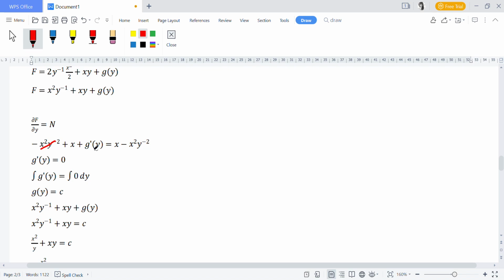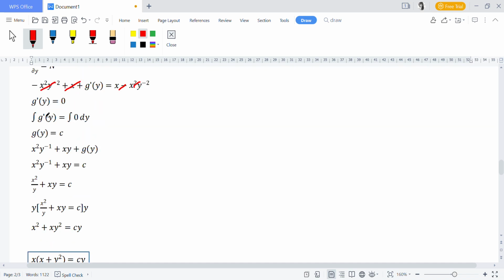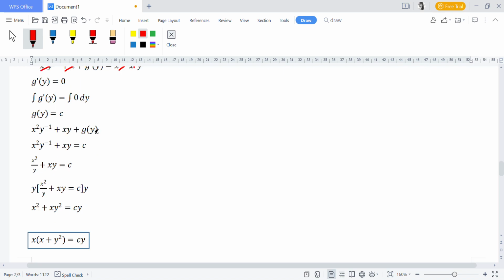Since this one and this one cancel out, our g prime of y will simply become 0. And to get g of y only, we're going to integrate both sides by dy. So our g of y is 0 plus c, or simply c.